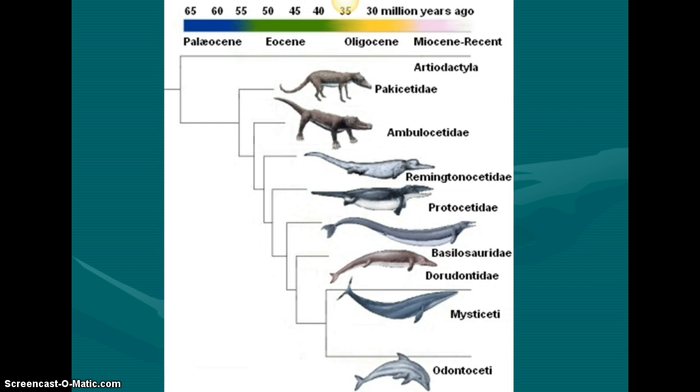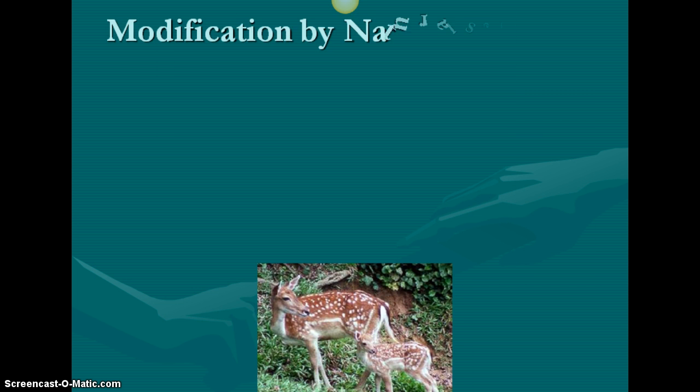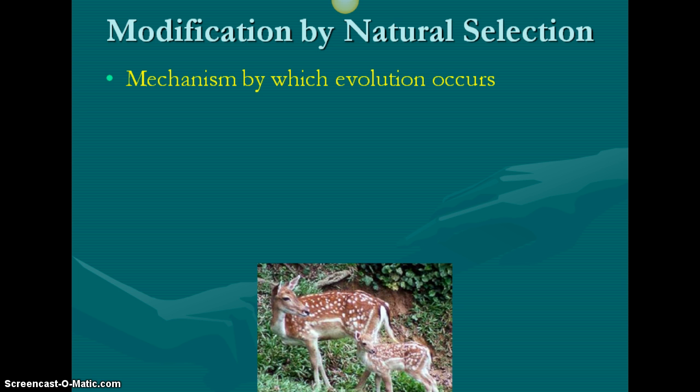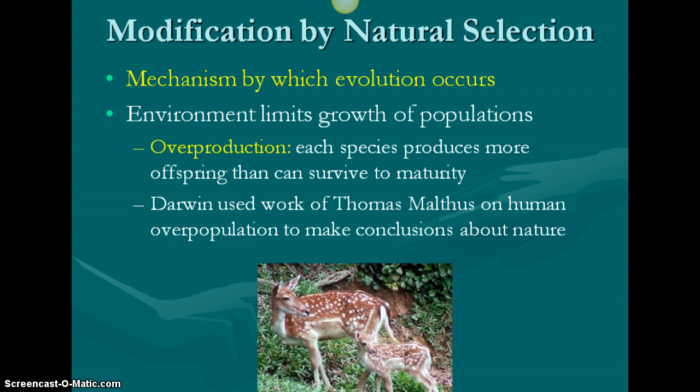Okay, just a few more things here. We'll skip those right now. Modifications by natural selection. So natural selection is how evolution occurs. The environment limits growth of populations. Overproduction is going to cause too much competition and not enough food. So each species produces more offspring than can survive to maturity.